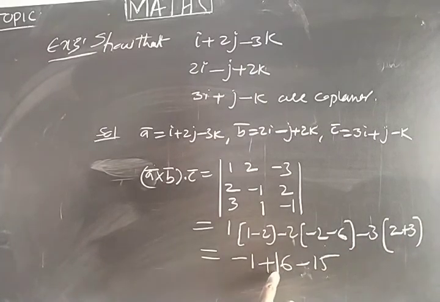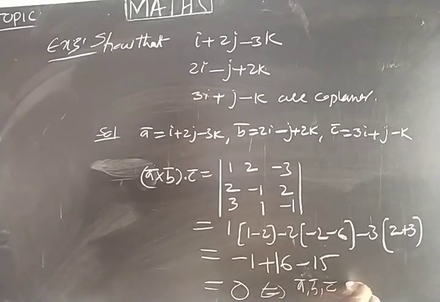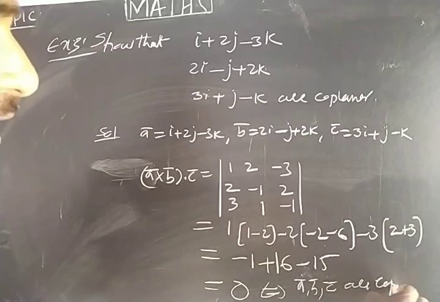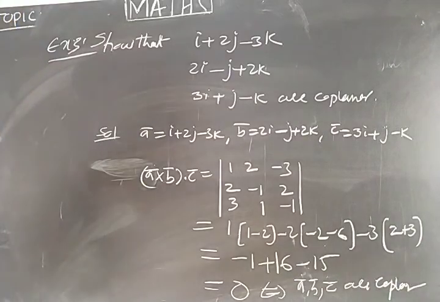So minus 15 plus minus 15 minus 1 minus 16 plus 16 is 0. If it is 0 we can write A bar, B bar, C bar are coplanar vectors. Okay, so in a similar way you can solve exercise problems. Thank you.